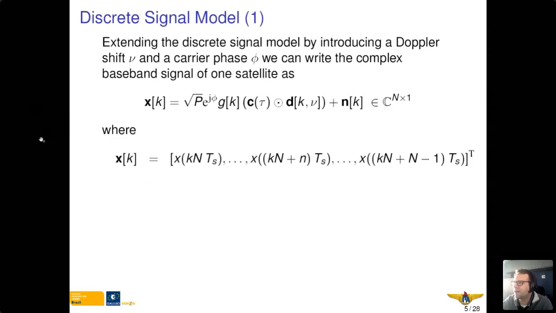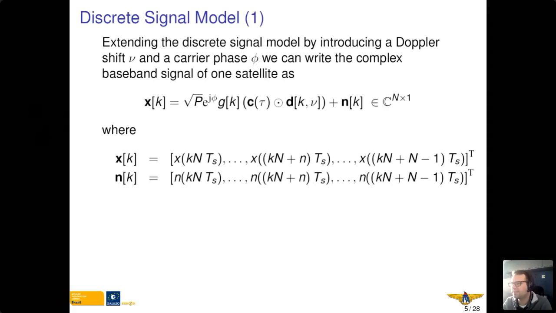On the left-hand side, we have again our vector for the period k, the vector signal x, at time instances with a sampling duration of Ts. The noise is now also complex, at time instances kNTs up to (kN+N-1)Ts. Then we have the vector of the sampled and delayed sequence or code.